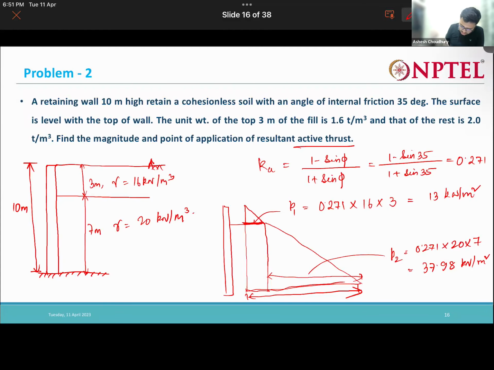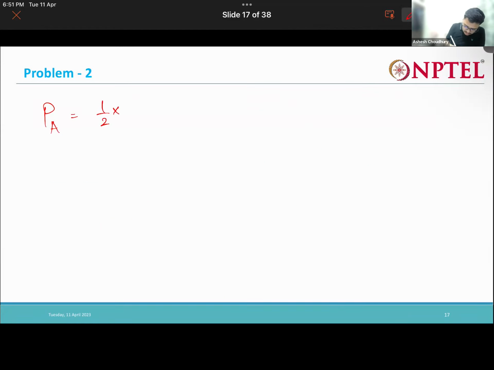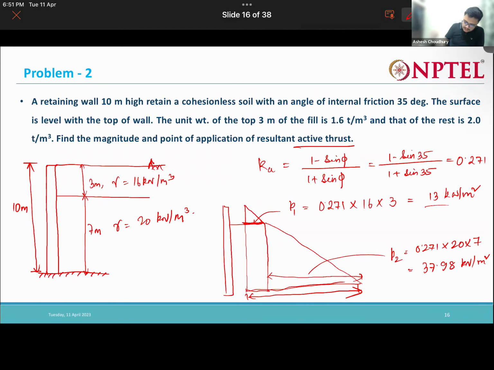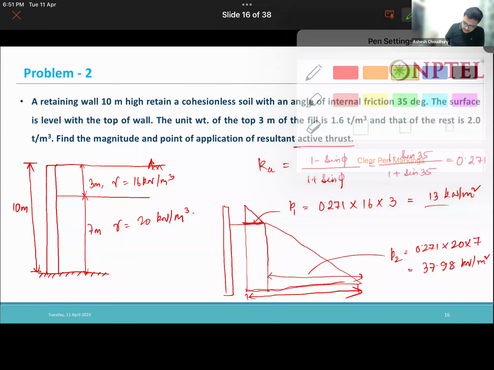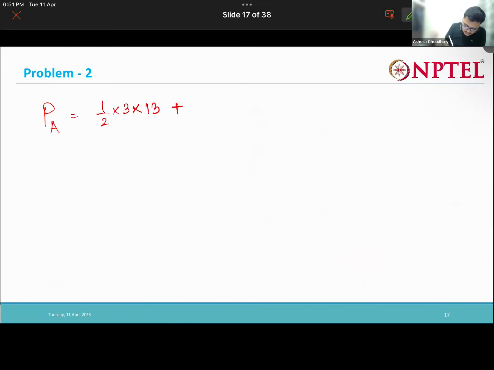This is half into 3 into 13, plus the area of this part. So it will be 7 into 13.